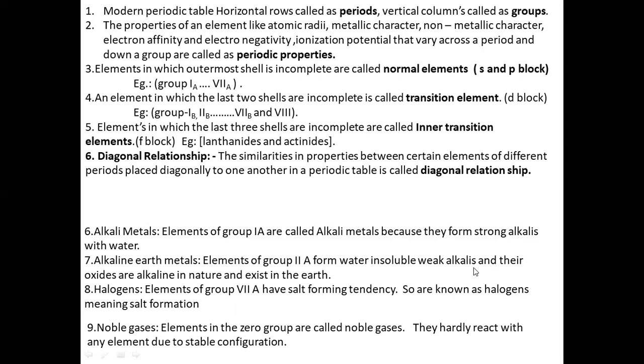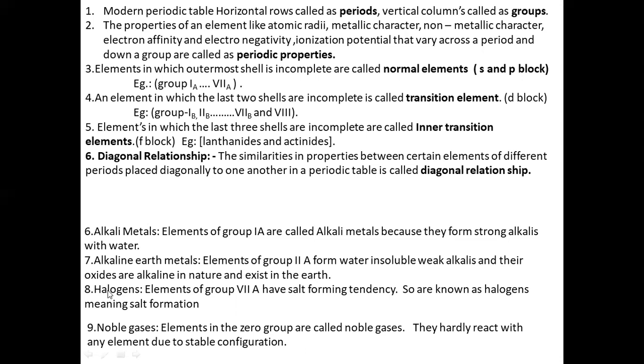They are weak alkalis, their oxides are alkaline in nature, and they exist in the earth. Group 1 and group 2.